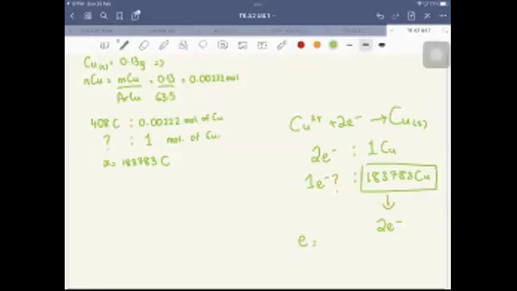Okay, and that is 183,783 divided by 2. Is this correct? I hope so. 91,891. Let me just double check again. 0.13 divided by 63.5, 0.00222. Okay.